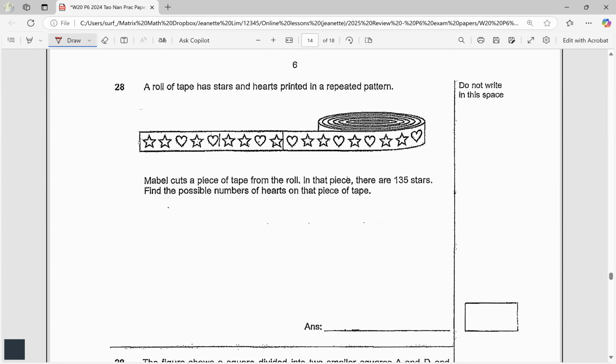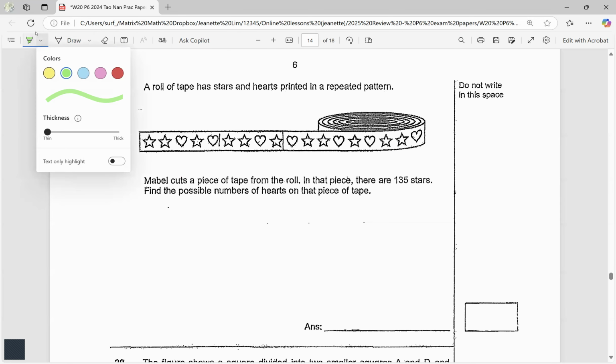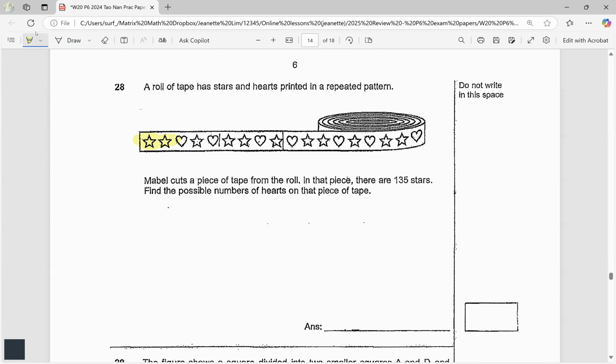Okay, the pattern repeats. Every group of shapes that repeats will be something like that: 2 stars, 1 heart, 1 star, 1 heart. 2 stars, 1 heart, 1 star, 1 heart. So they said that there's 135 stars.